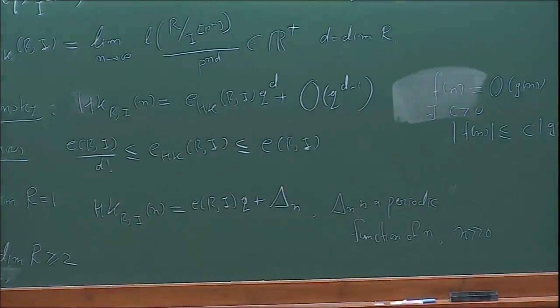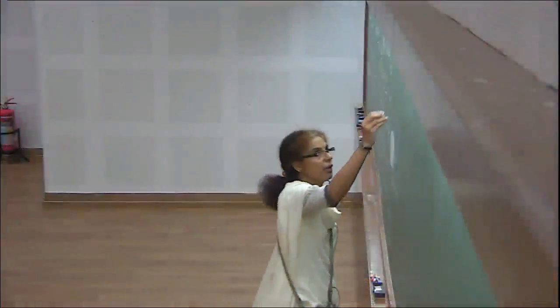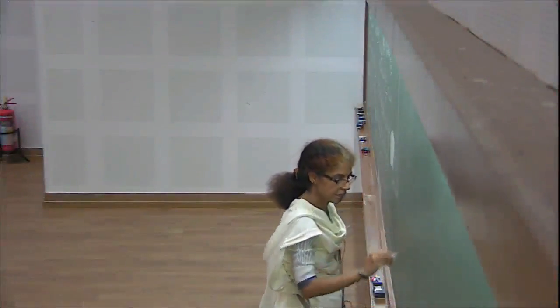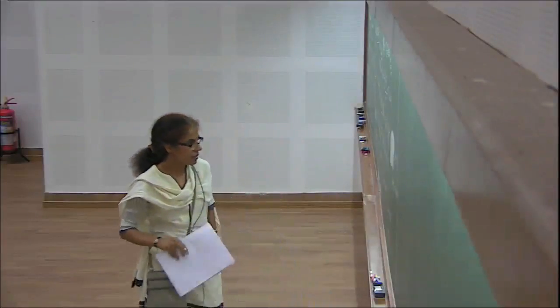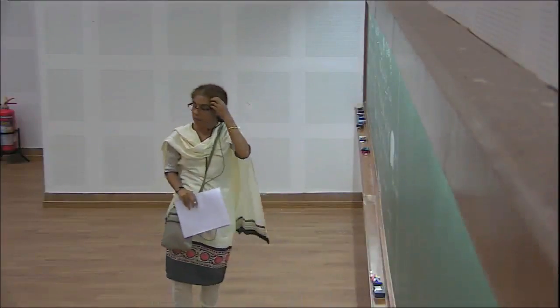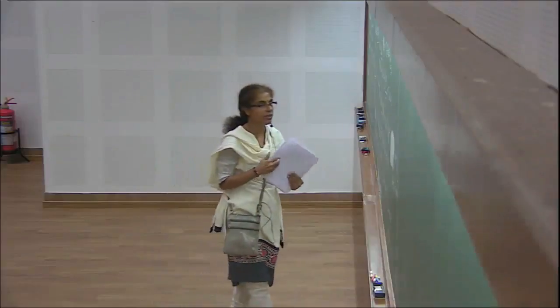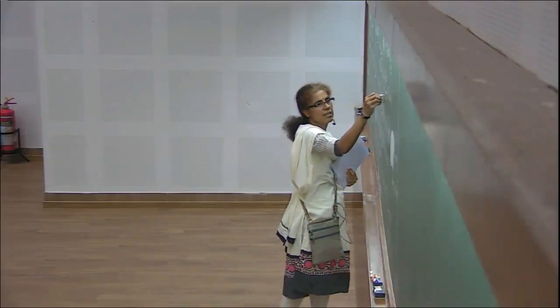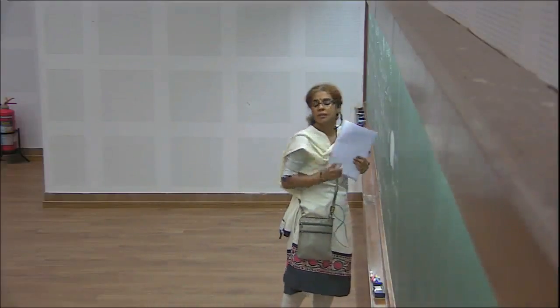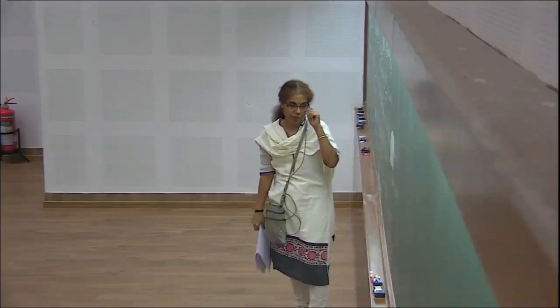So the question was, is this a rational number? At least e_HK. Computing this turns out to be a difficult task. He introduced this function around the early 80s, and several people have computed various examples.